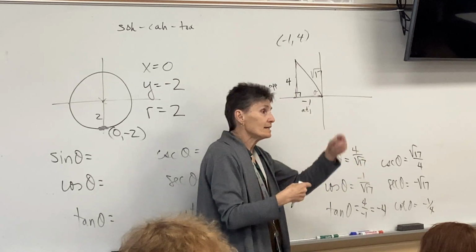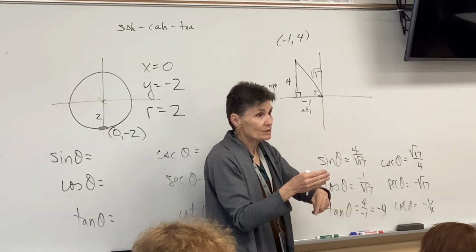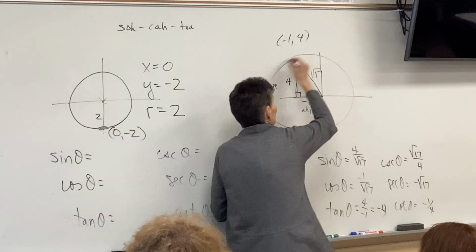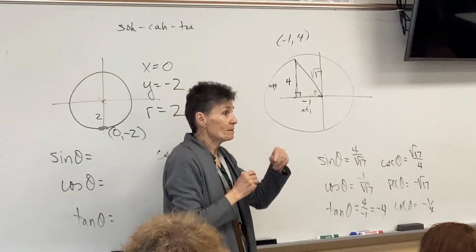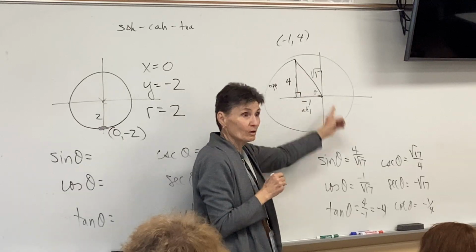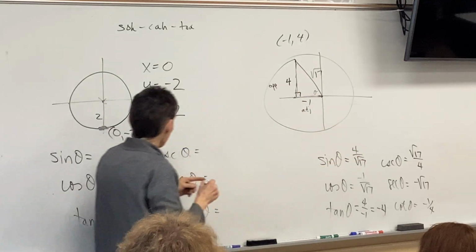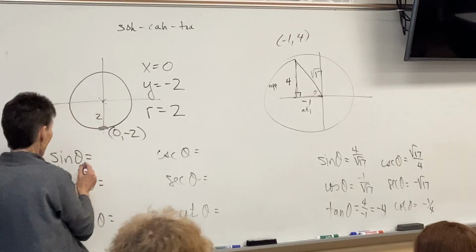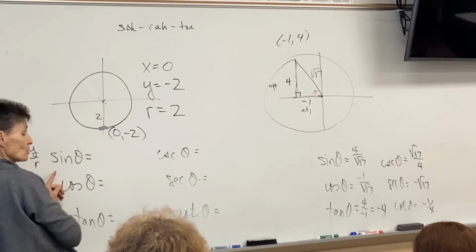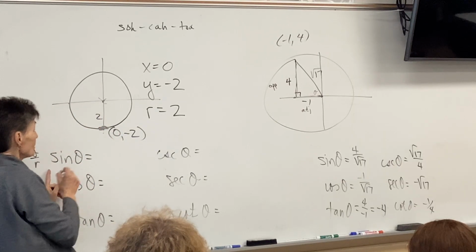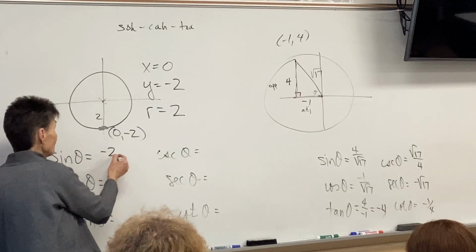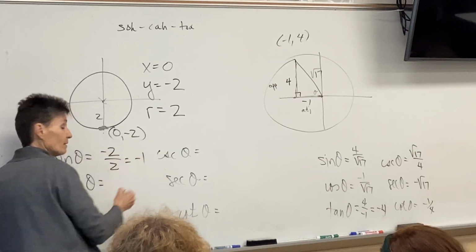So sine is opposite over hypotenuse. It's also going to be y over r. So when I'm doing a circle, I have to remember that sine is y over r. So my answer will be -2/2 or -1.